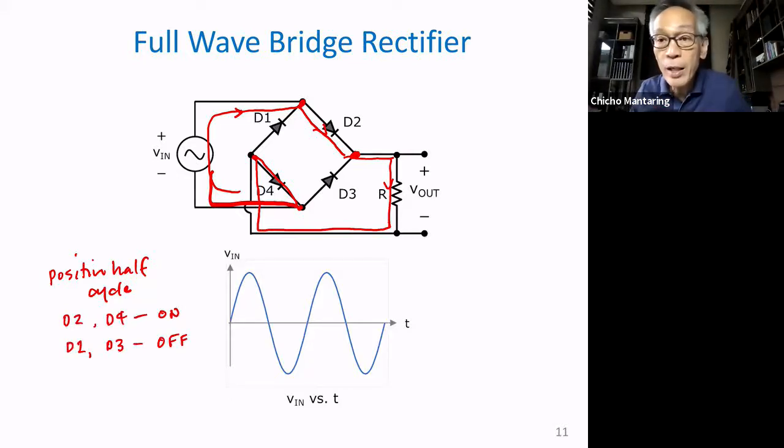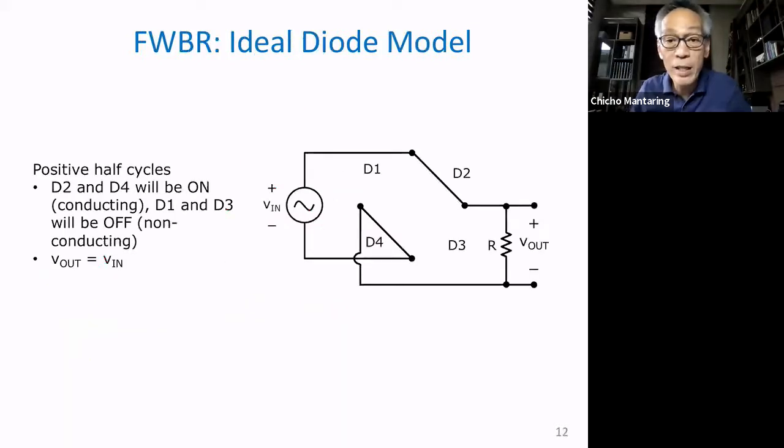If we assume the ideal diode model, this is the equivalent circuit. Note that the positive terminal of Vin is connected to the positive terminal of Vout, and the negative terminal of Vin is connected to the negative terminal of Vout. In other words, Vout is equal to Vin.